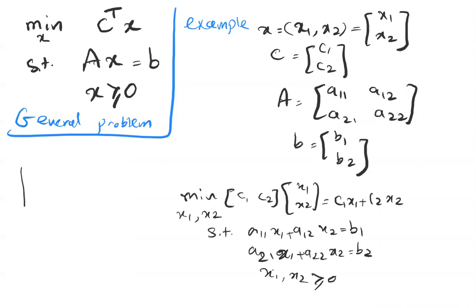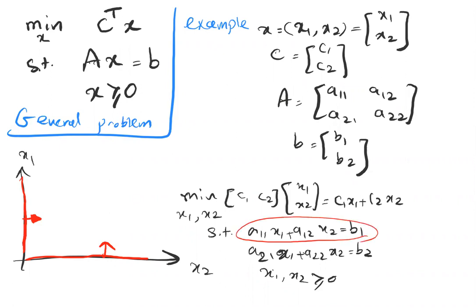So if I want to draw this, I'm going to have X2 on this axis, X1 on this axis. First of all, we want both X1 and X2 to be positive. So our answer is either this side or this side. Also, I want to graphically show this constraint. So each of these represent a line.